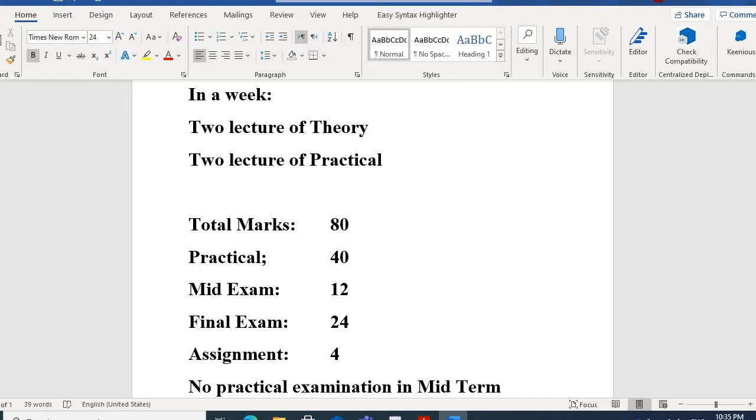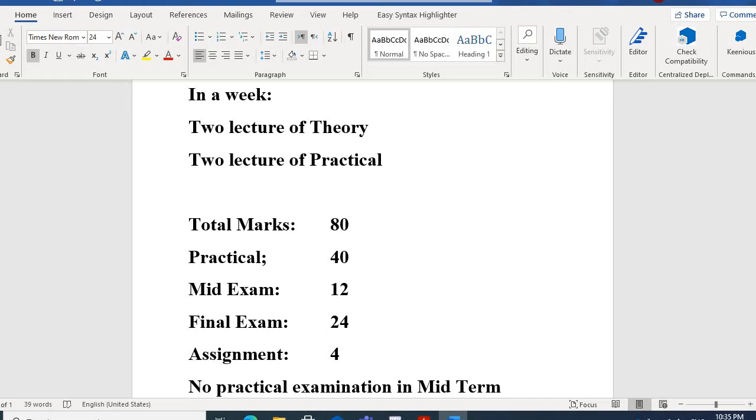The midterm examination consists of 12 marks, final examination 24 marks, assignment 4. And there will be 40 marks for practical, which will be at the end of this semester or along with the final examination.